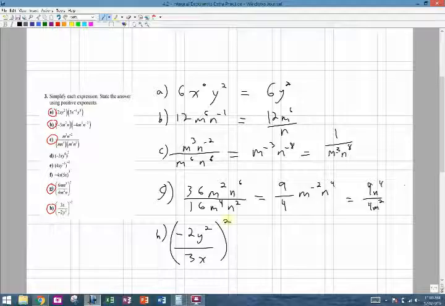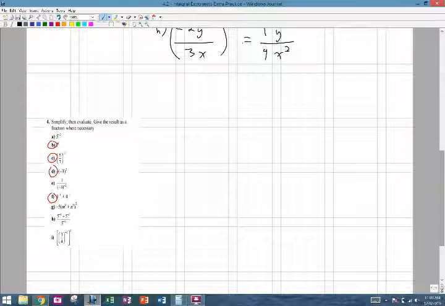Now I have to apply the exponent to both the negative 2 and the 3, and the y and the x. But don't forget the coefficients. So negative 2 squared is a positive 4 because the negative sign is inside the brackets with the 2. Y squared squared is y to the 4th. Multiply the exponents over 3 squared is 9 and x squared is just x squared. I can't simplify anything. There's positive exponents, so I'm done.